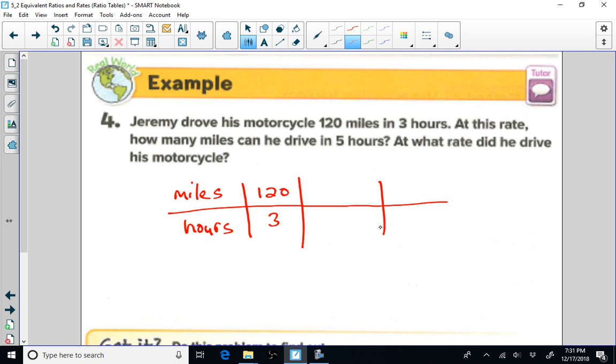Well, I can't go directly from 3 to 5, right? So I'm going to have to scale backwards first. So let's scale back to 1. If I take 120, divide that by 3, it's going to give me 40. 40 miles every hour. Then I can scale forward by multiplying that 1 by 5. I do the same thing with my numerator. 40 times 5 is going to give me 200 miles in 5 hours.